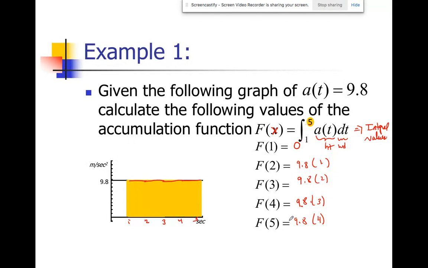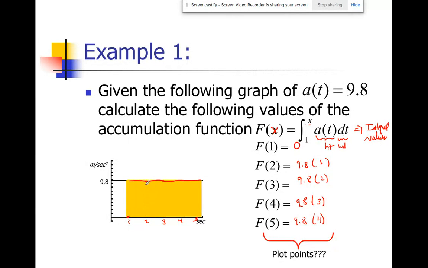Can you see that I could do capital F of 6, capital F of 60, capital F of 700? Can you get me a rule for any x? I think you can. And if you can't yet, let's plot some points. Capital F of 1 is 0.